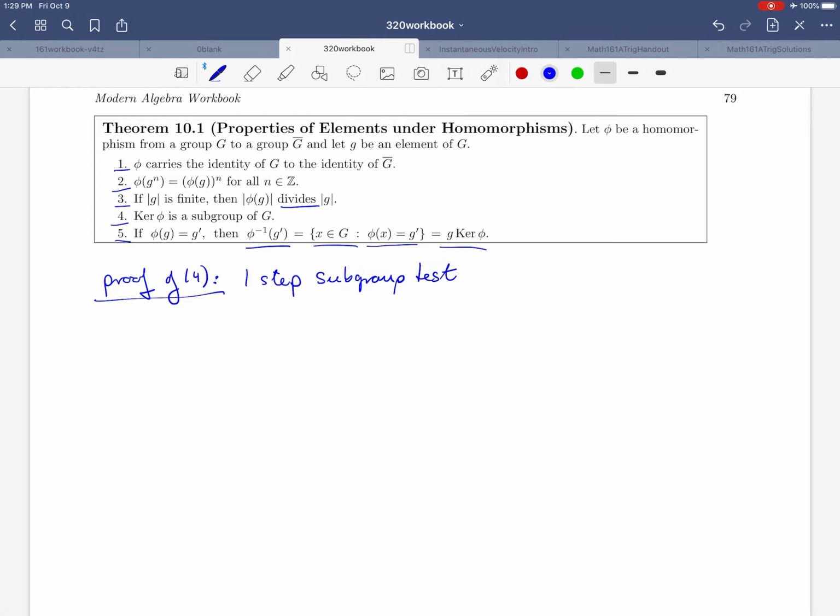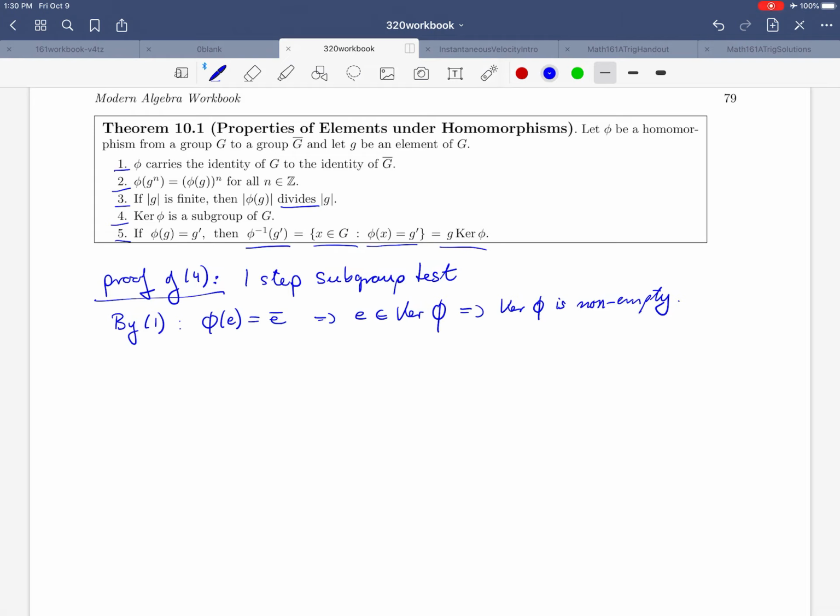By property 1, we know that phi carries the identity of G to the identity of G bar. So since phi of e is equal to e bar, we already have something that's in the kernel. So the identity is in the kernel of phi, and therefore the kernel of phi is not empty. That was the first thing that we have to show for the one-step subgroup test.